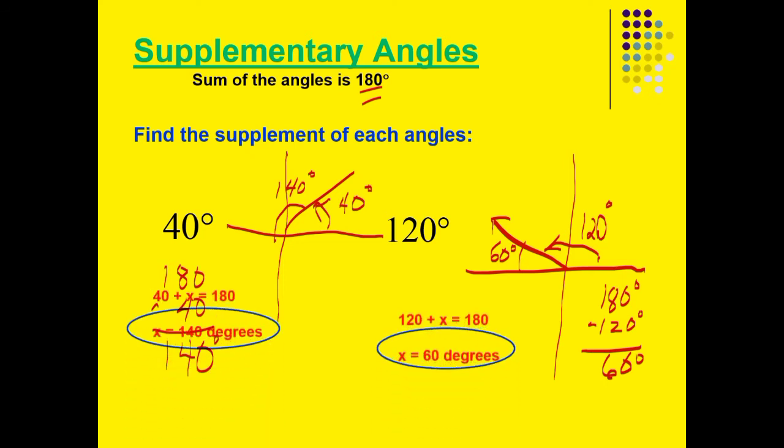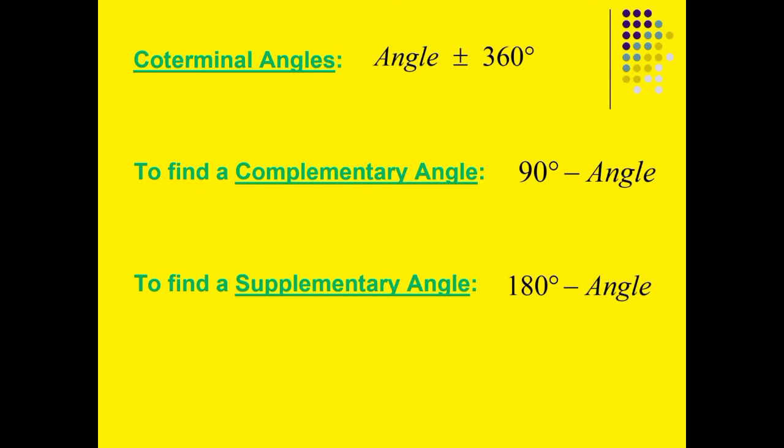If we talk about the coterminal angle, we now have to understand the concept of the given angle added to 360, because the direction is counterclockwise, or subtracted from 360 because the direction is clockwise.